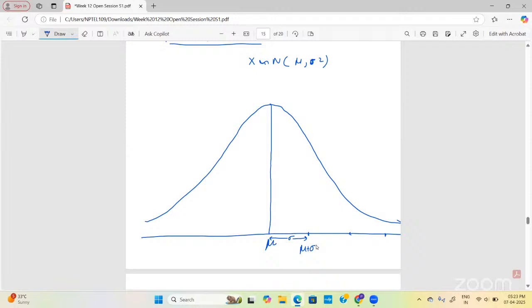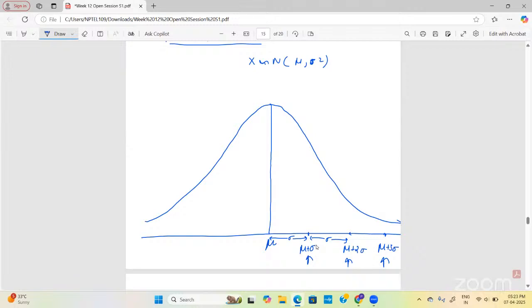Now again, this is the sigma distance, so this point will become mu plus 2 sigma, and again this is the sigma distance, so this point will become mu plus 3 sigma. So we can say that this point is one standard deviation away from the mean, this is 2 standard deviations away, and this is 3 standard deviations away.